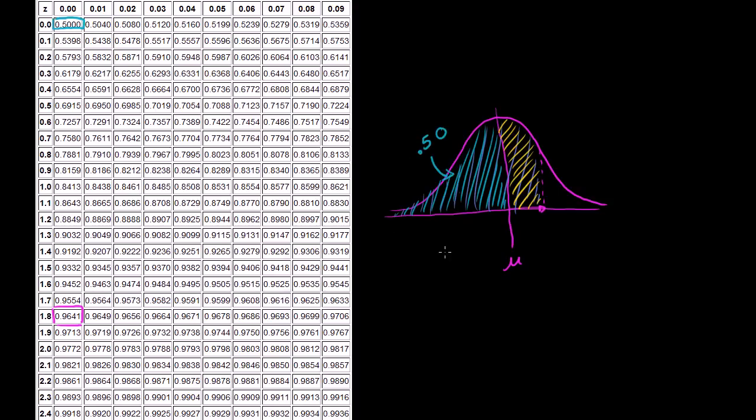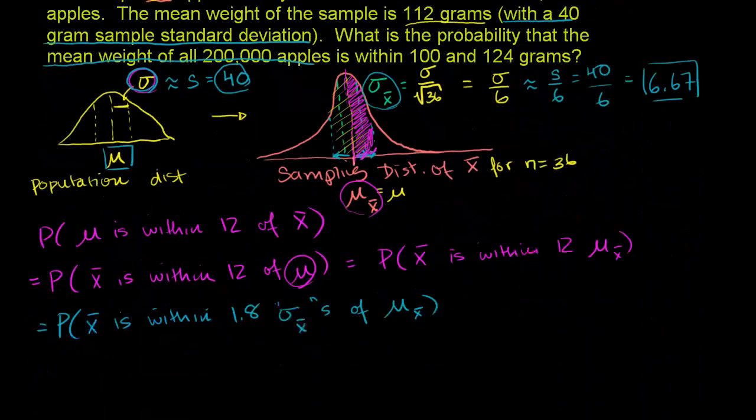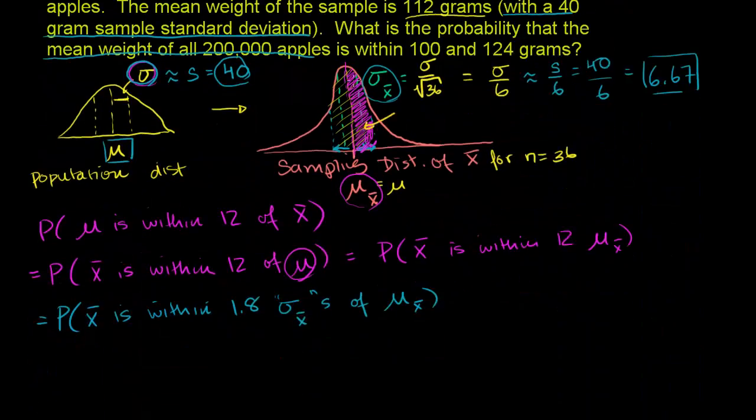This whole area that I just showed you is 0.9641. So this area right over here is going to be 0.9641 minus 0.5, which is going to be equal to 0.4641. So this area right here, just what's in magenta, just between there and there, is 0.4641.